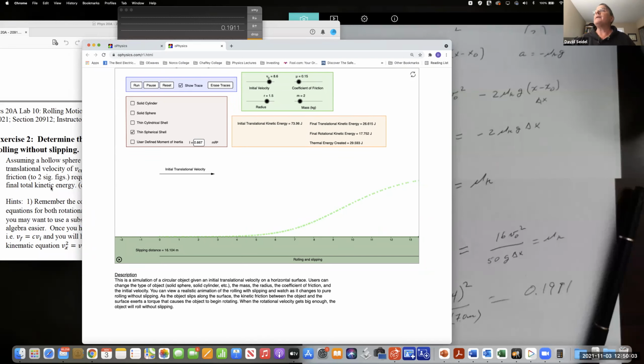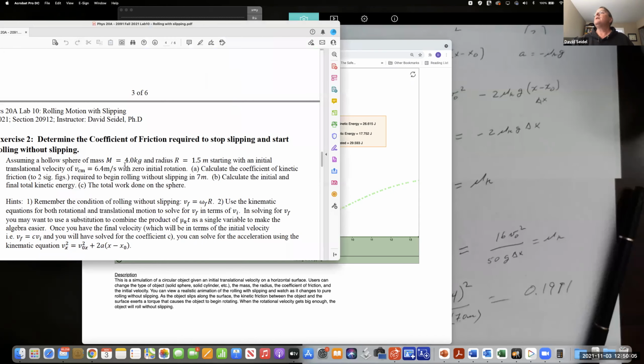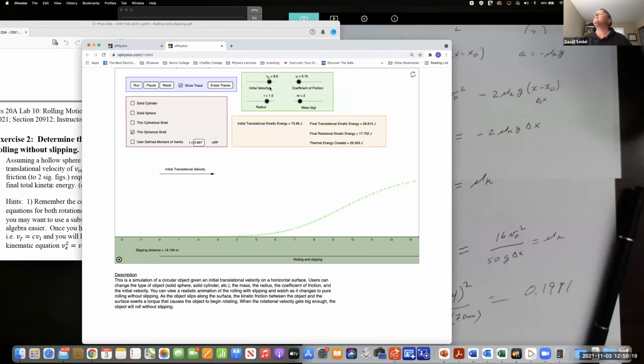The problem you're asked to do in exercise 2 is with 4 kilograms, 1.5 meters, which turned out they don't actually matter. They're going to give you any mass and any radius. And we start with an initial translational velocity of 6.4 meters per second. So here's my 6.4.